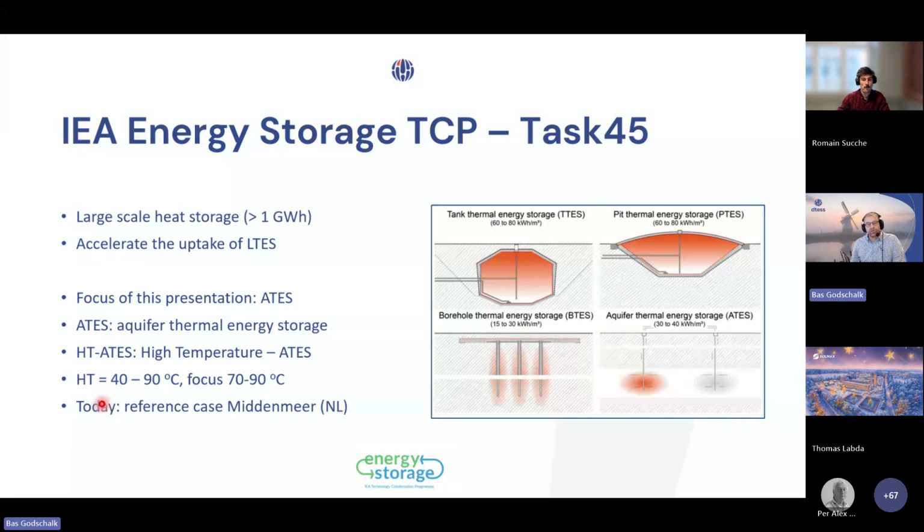We will focus on a temperature range for the Middenmeer case to about nearly 90 degrees. And in the Netherlands, we define high temperature a little bit higher than the normal temperature. So we say between 40 to 90, but that's not a limitation. It can also be still larger than that temperature range.